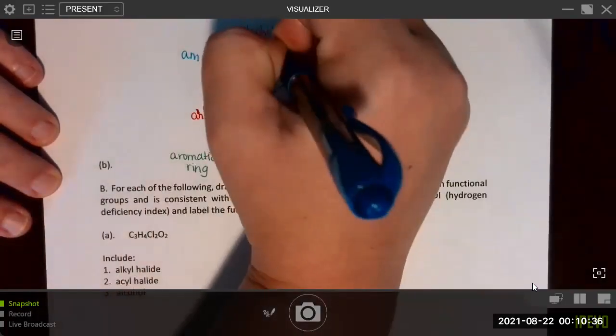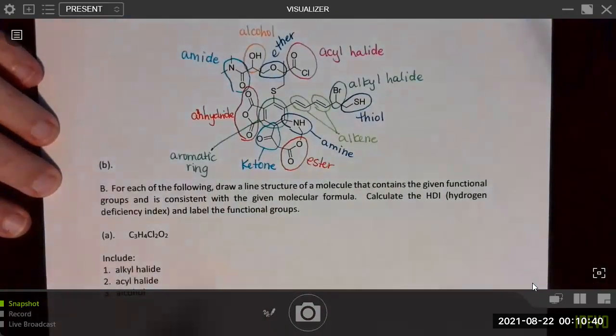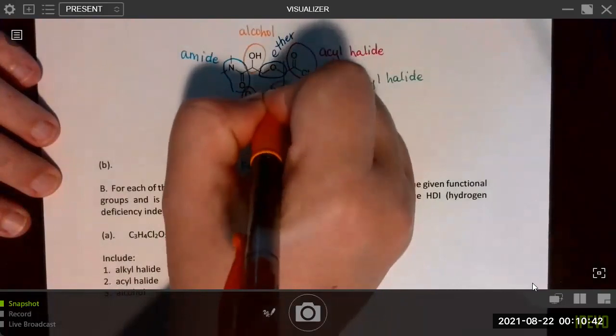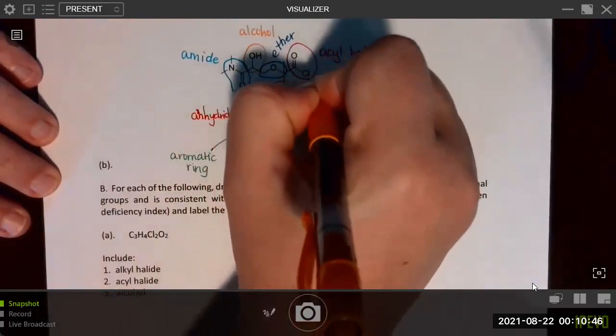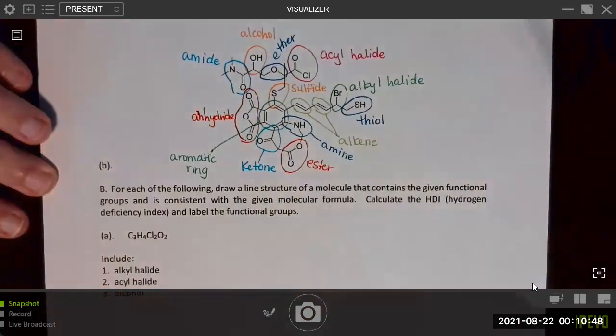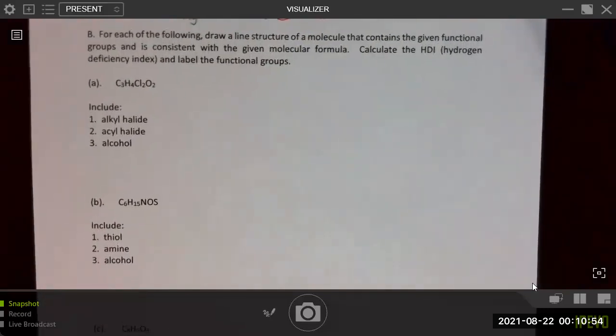This is an ether. And then we have a sulfur in between two carbons. This is a sulfide. And that was a lot, but we got them all. Move on to the last part.